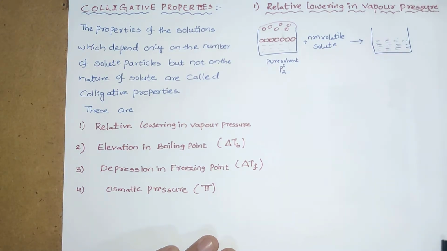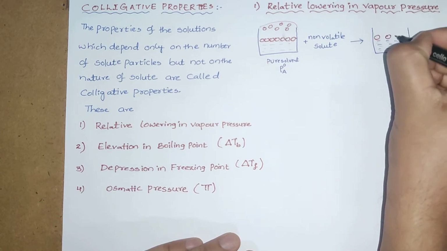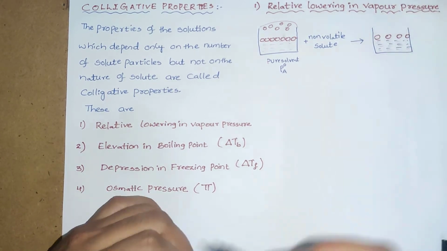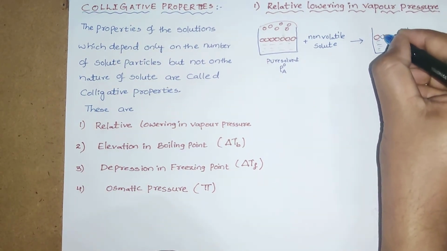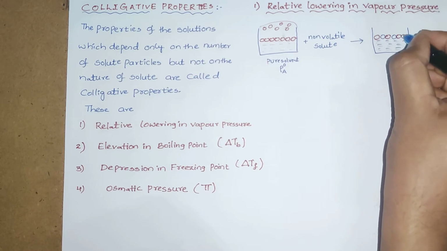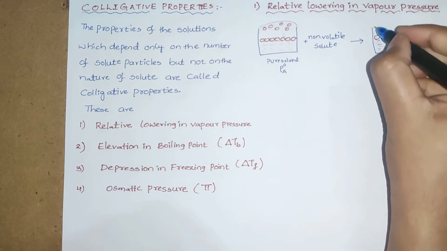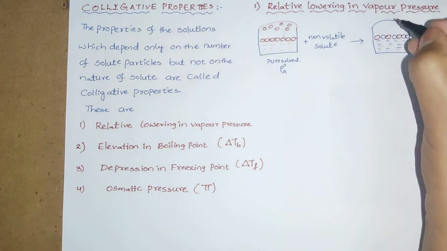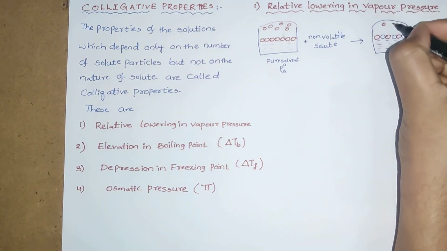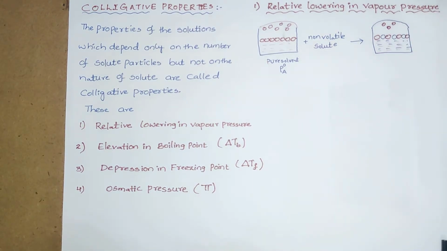Now some of the solvent molecules are replaced by the solute particles on the surface. Since the solute is non-volatile, only the solvents are volatile. So the number of solvent molecules evaporating decreases, because the number of solvent molecules on the surface also decreases.